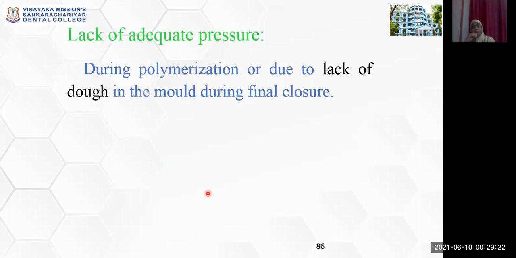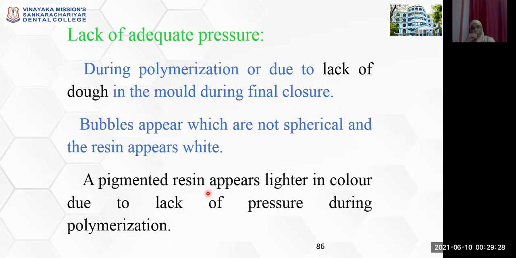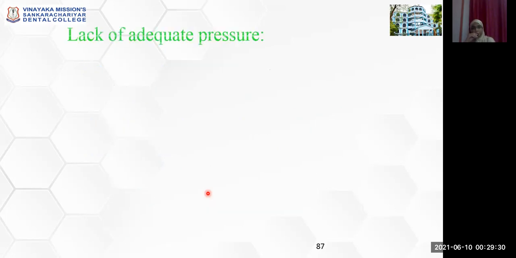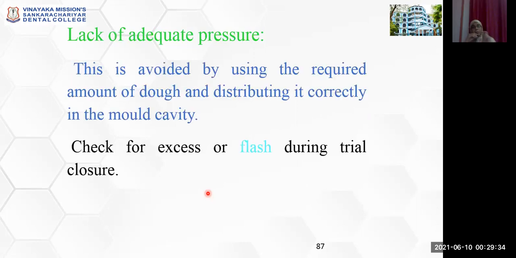And if you don't have adequate pressure, you have to apply an adequate amount of pressure. Also, when packing, always see if excess flash is coming out from the flask. That is one indication that you have used a sufficient amount of material.